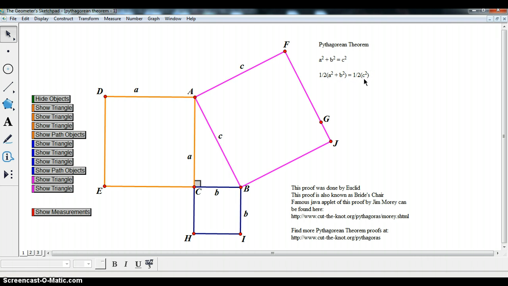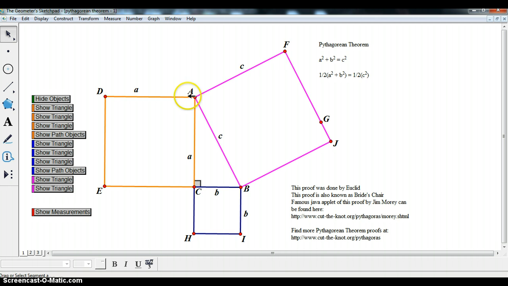So here, we're going to be dividing by 2, or you can say multiply by a half. Either way, they're equivalent. And if we do it to this side, we have to do it to this side. So we have 1/2 the quantity of a squared plus b squared is equal to 1/2 of c squared.